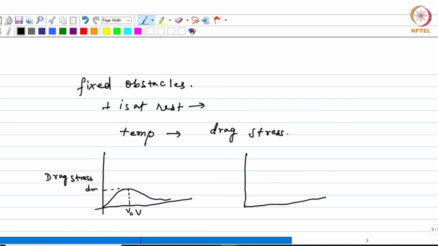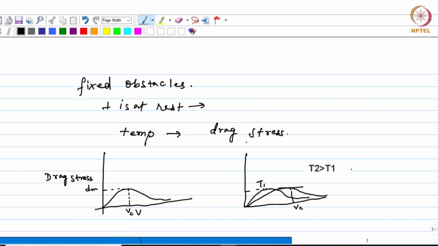So if this is at one temperature, let's say T1, if it is increased to T2, then the corresponding plot will be like this. Okay.